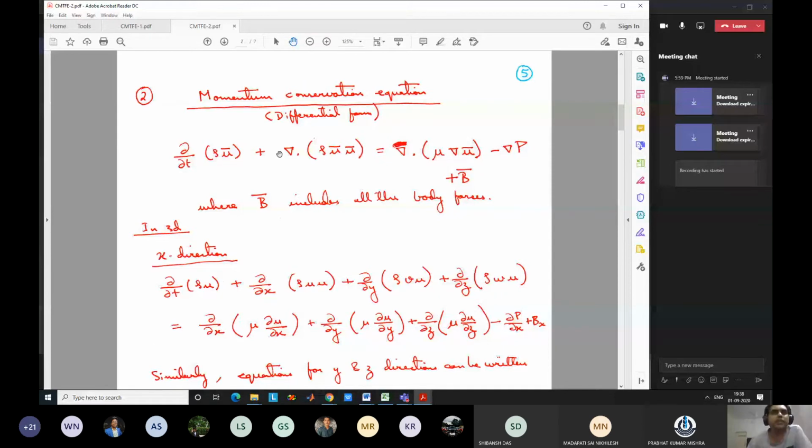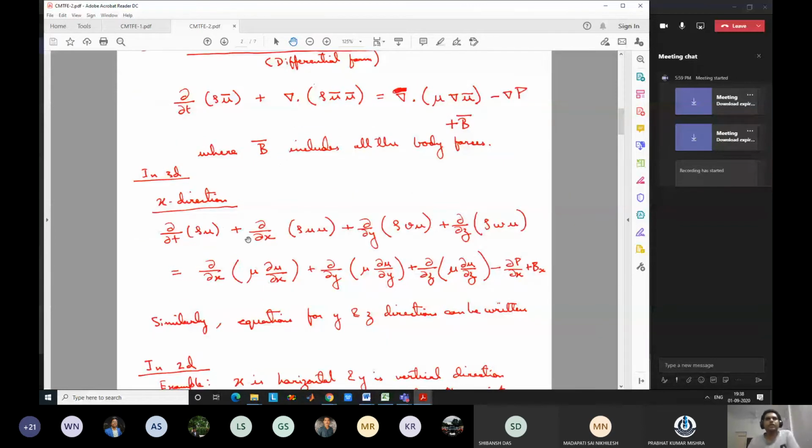For example, in the x direction, I can take one u outside, u del x of rho u. This type of form can be easily derived using the continuity equation and some algebraic manipulation. You multiply the continuity equation by u and then subtract the terms and you will get the other form of the equation. But we will focus on this general form.